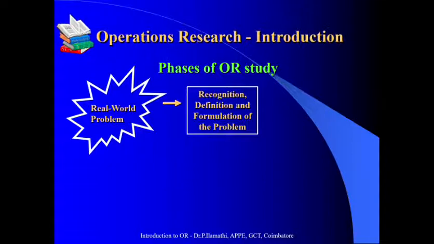So we have to be very careful while formulating the problem. We have to study all the processes, and we have to consider all the constraints available in the industry. Then we should know the goal of an industry while formulating the problem. And this problem will be in verbal statement in this phase.